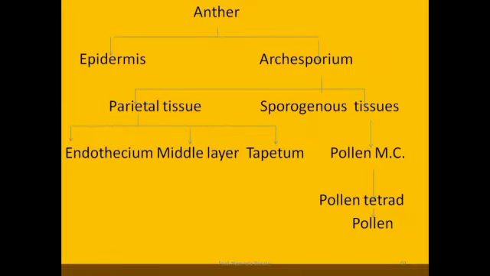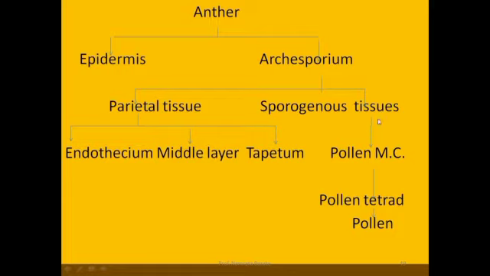It's a concept map. When we observe this map very carefully, you can understand this concept very well. The anther consists of two parts: first the epidermis and second the archesporium. The archesporial cell divides periclinally, giving rise to the outer parietal cell, which is on the outer side, and the sporogenous tissue, which is towards the inner side.